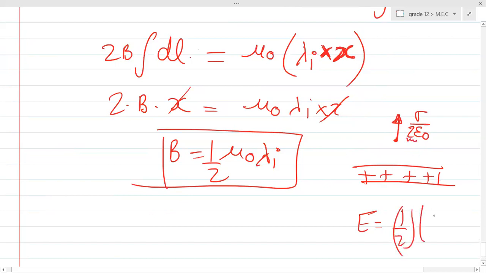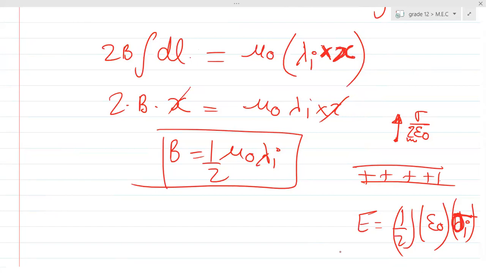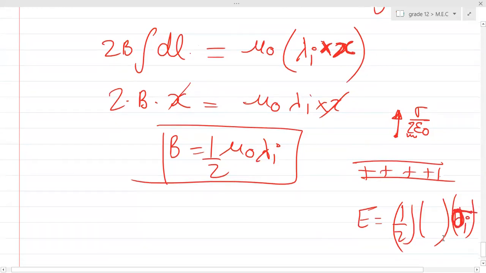Epsilon naught, and this is surface charge density. So here it is current, linear current. Sorry, sigma. Can you see what things are analogous with what? In the electric field, the epsilon is coming in the denominator, so basically 1 by epsilon naught and mu naught are analogous, no?